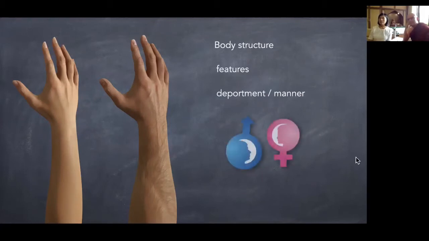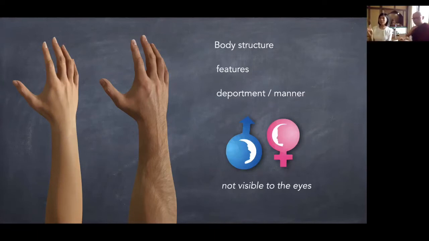Because the structure is very different, beyond the hairs, the form of it, although it has the same elements, same amount of bones, tissue and muscles. That's because of this gender matter. Therefore the structure of the person is different.